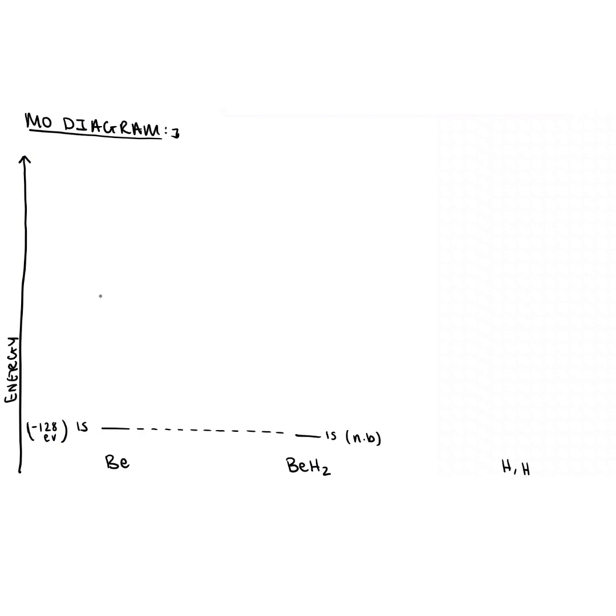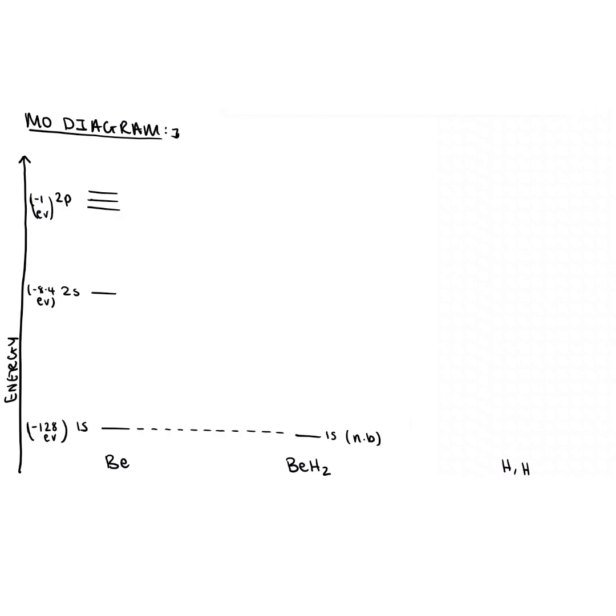The beryllium also has a 2s atomic orbital, which we draw above the 1s along with the 3 2p orbitals. We draw those directly above each other because they are degenerate. For the hydrogen atoms, they both have a 1s atomic orbital.